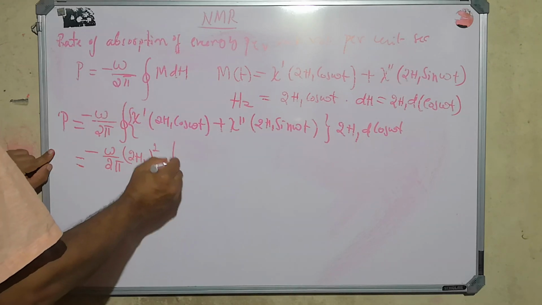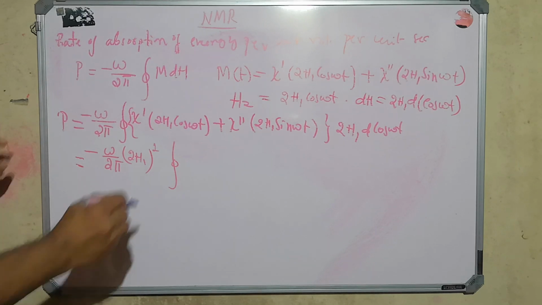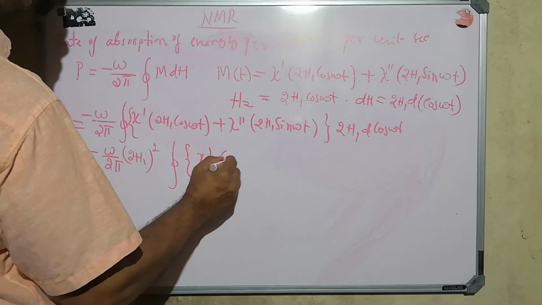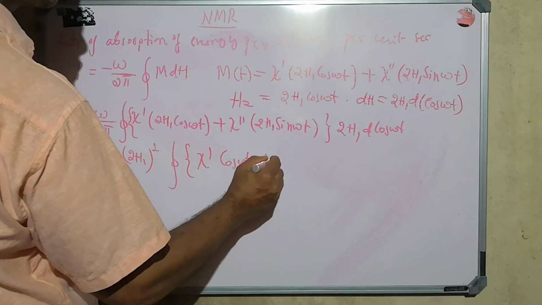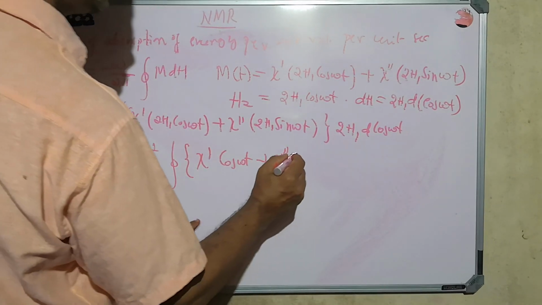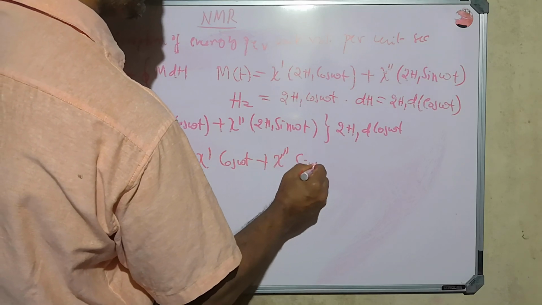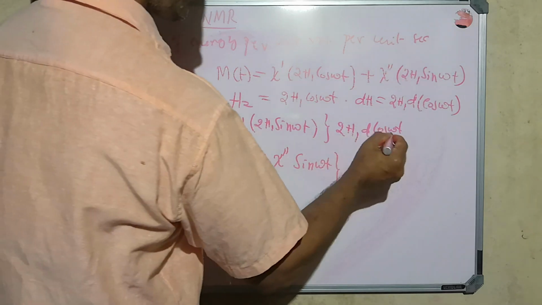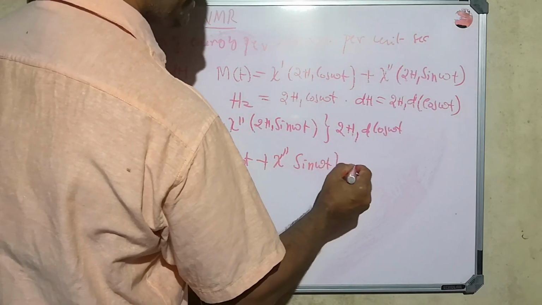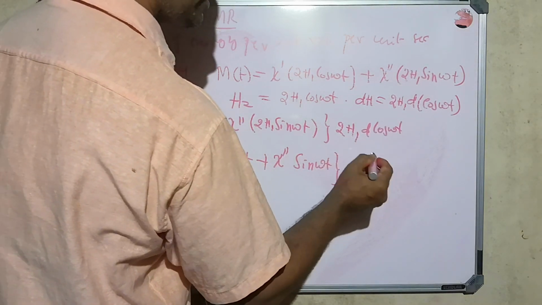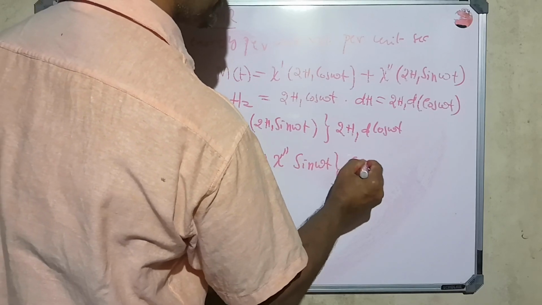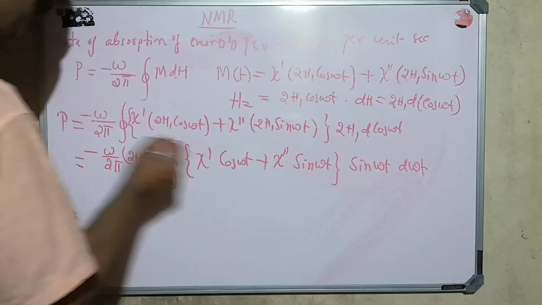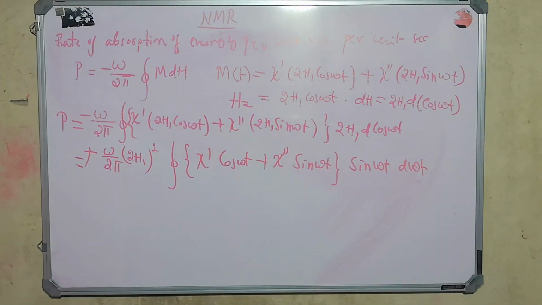integral chi dash into cos omega t plus chi double dash into sin omega t into d of cos omega t, which is nothing but minus sin omega t d omega t. Sin omega t d omega t, I am writing here, minus into minus plus.